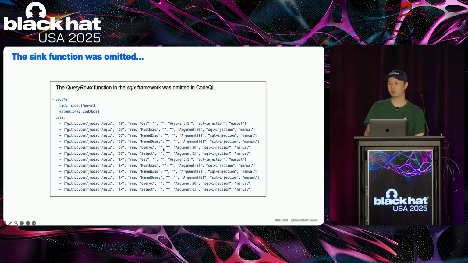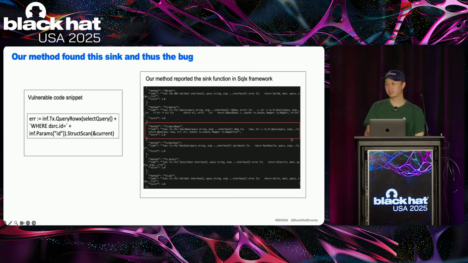But when we checked CodeQL's detection rules, we noticed that query row X function isn't included in the sink model. And we scanned the SQLX function framework and found this sink, as illustrated here, and thus we detected the bug.